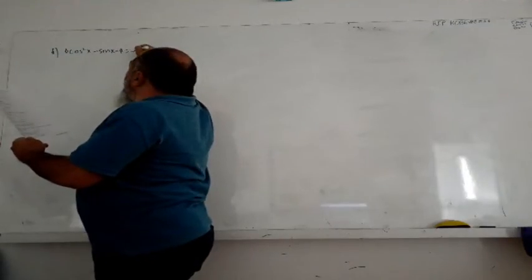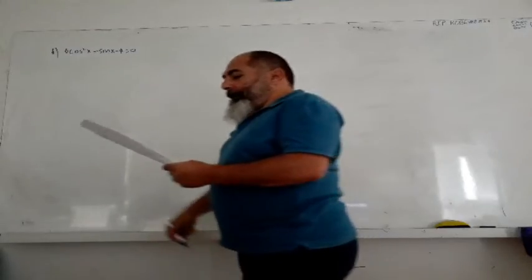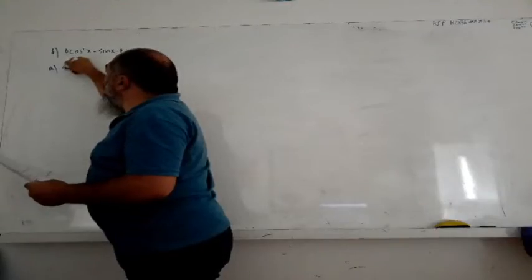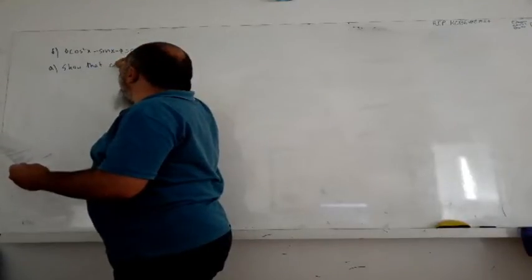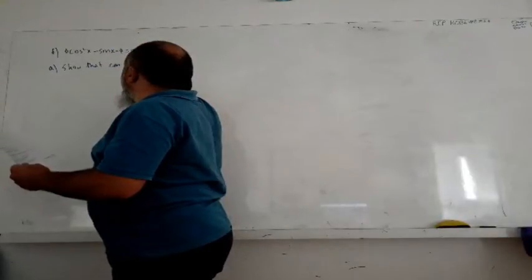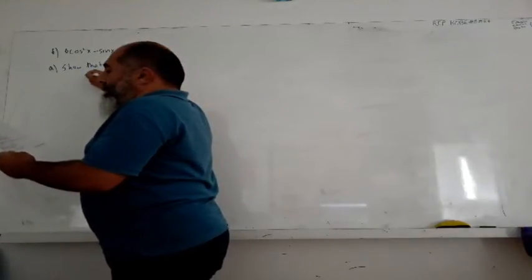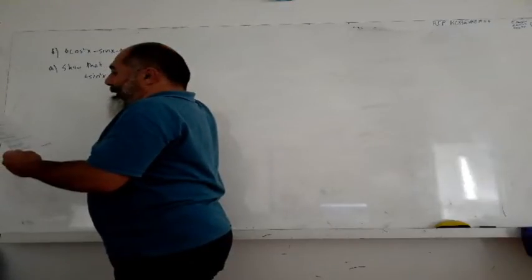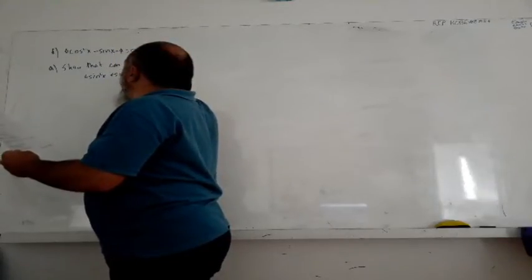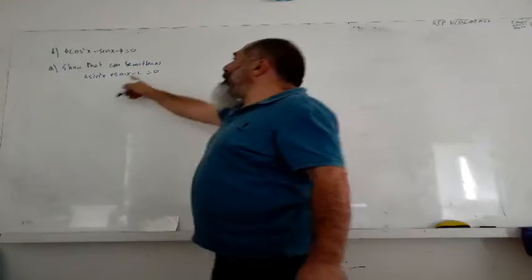Part A: Show that this can be written as 6 sine squared x plus sine x minus 2 is equal to 0. Let's start with the question.